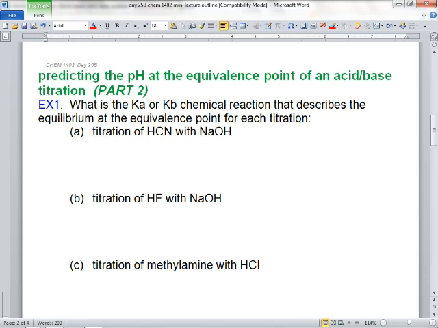So take a look at it, identify what the conjugate acid or conjugate base is that's going to be dominant, and then write the corresponding Ka reaction or Kb reaction. Remember, Ka reactions are conjugate acid to conjugate base. The Kb reaction is the conjugate base plus water gives hydroxide and the conjugate acid. Write that.